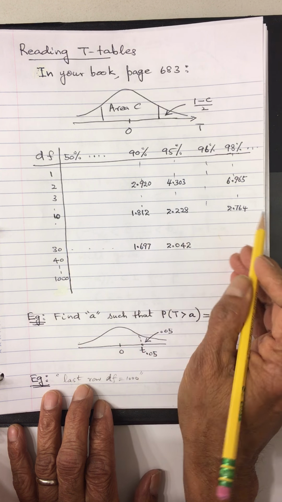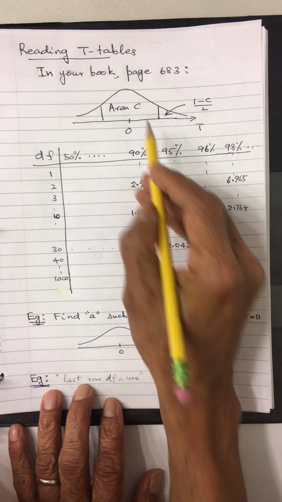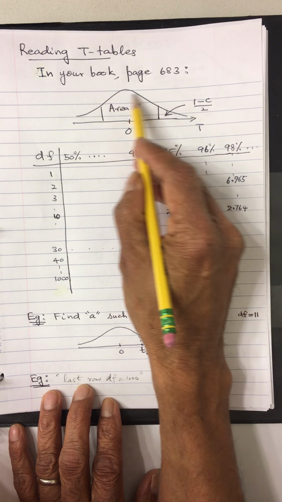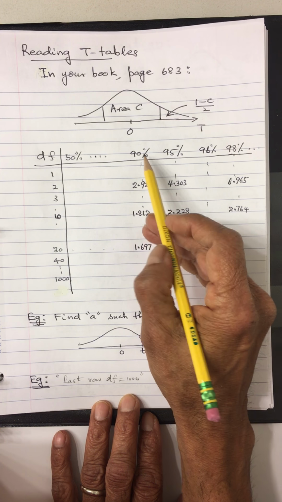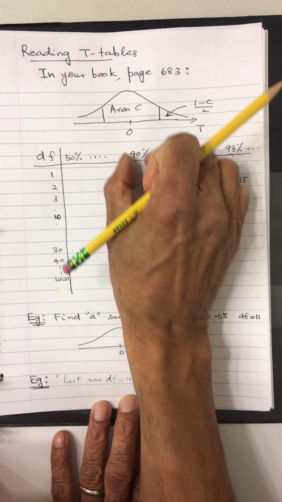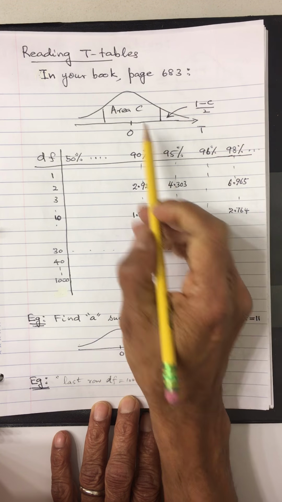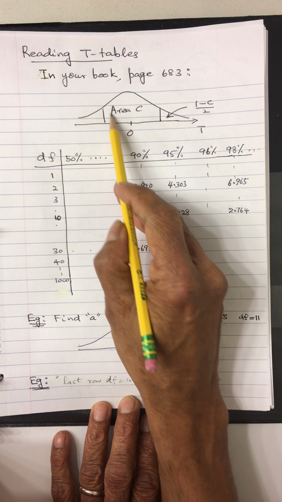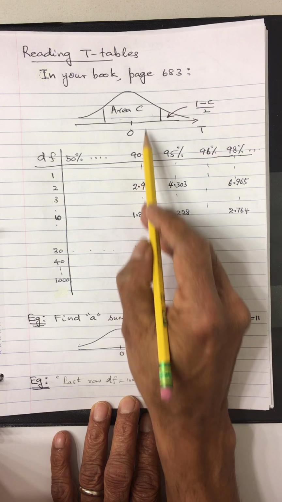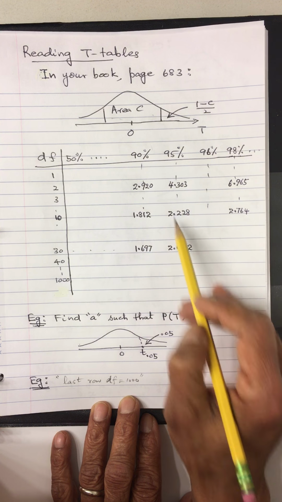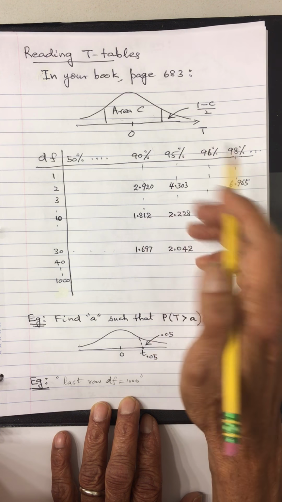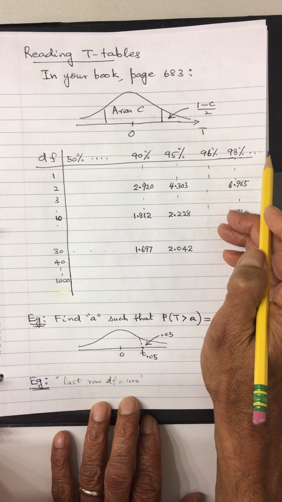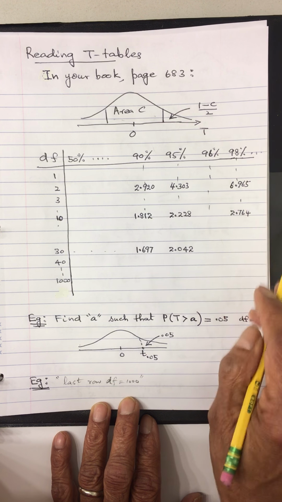You cannot look anywhere else. If you want coverage of 90%, then you need to look at this column. 95% goes with this column. Now, if you want 98 or 99 or 99.9, these values are right there.